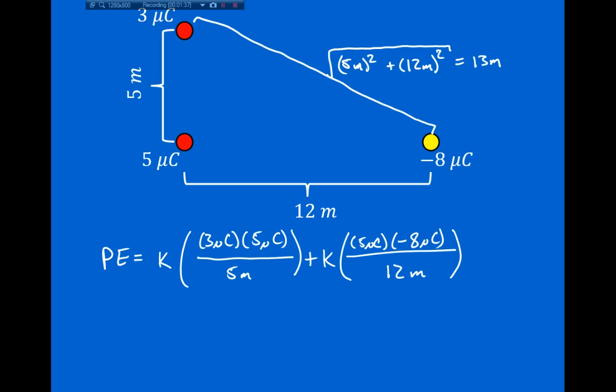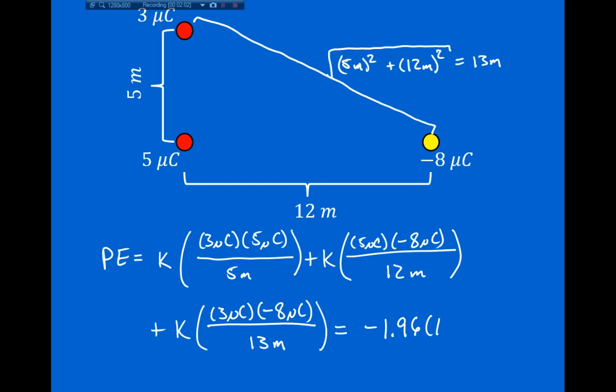And then finally we have this pair right here. So this is going to be plus K times 3 microcoulombs times, again, negative 8 microcoulombs, divided by the distance between these particles, which was 13 meters. And if we plug this into a calculator, we'll see that this is going to equal minus 1.96 times 10 to the minus 2 meters.